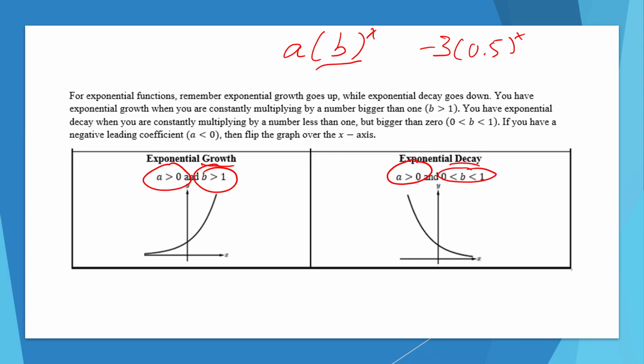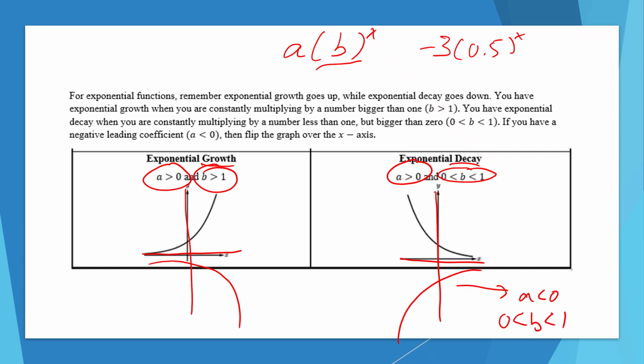So your graph is going to be the same as this, except it's going to be the reflected version over the x-axis. So this is where a is less than 0, but b is still between 0 and 1. And this graph is where a is less than 0, but b is still greater than 1, for those two graphs that I just drew.